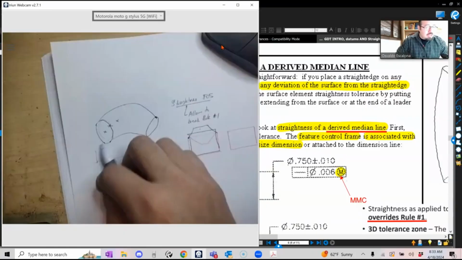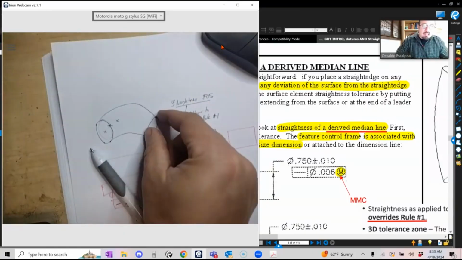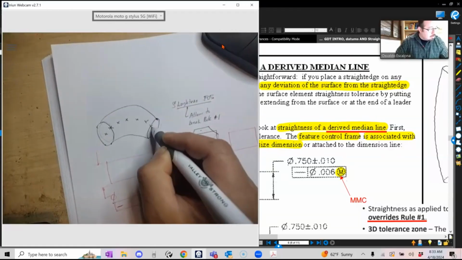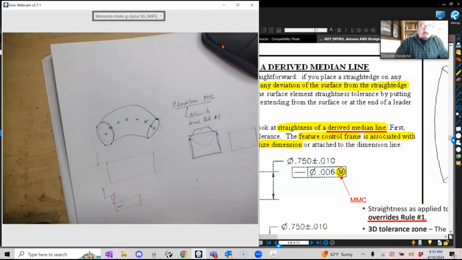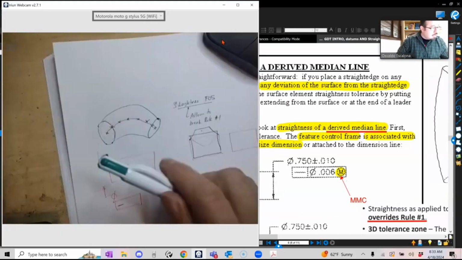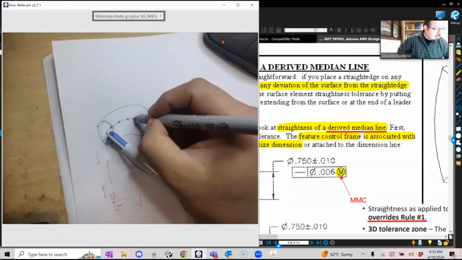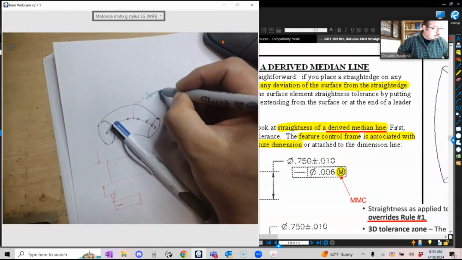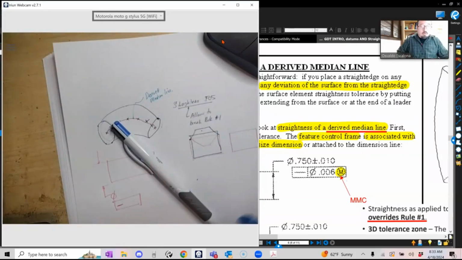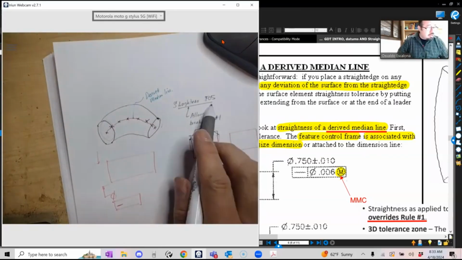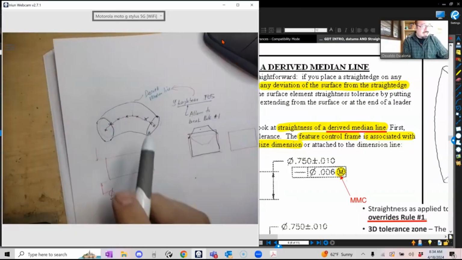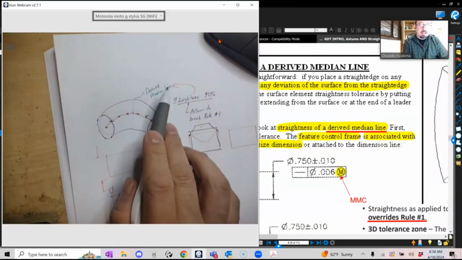So I'm going to squish independently, trying to find the axis independently. So I'm going to go somewhere there, somewhere there, somewhere there. And if I were to combine them all together, this is what we call the derived median line.